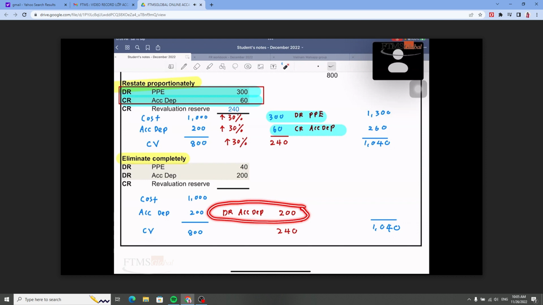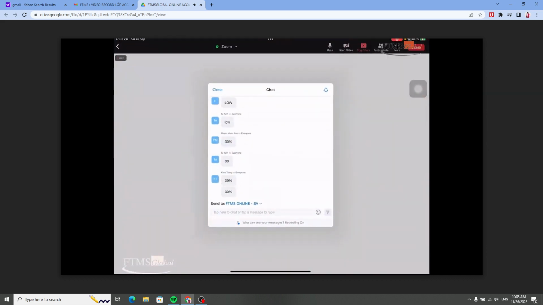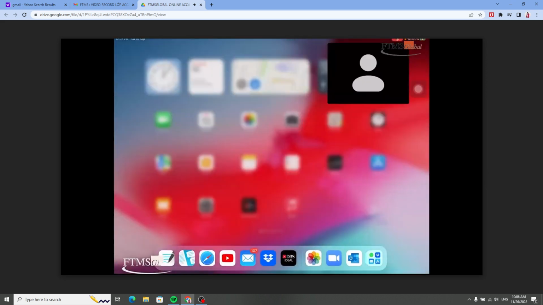I give you two choices. Asset increase or decrease? What do you think? You got 50% chance. Increase, correct. That's the correct answer.